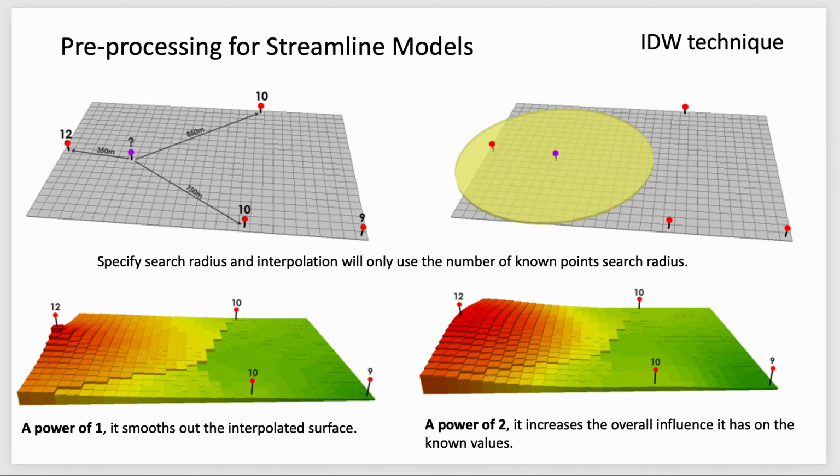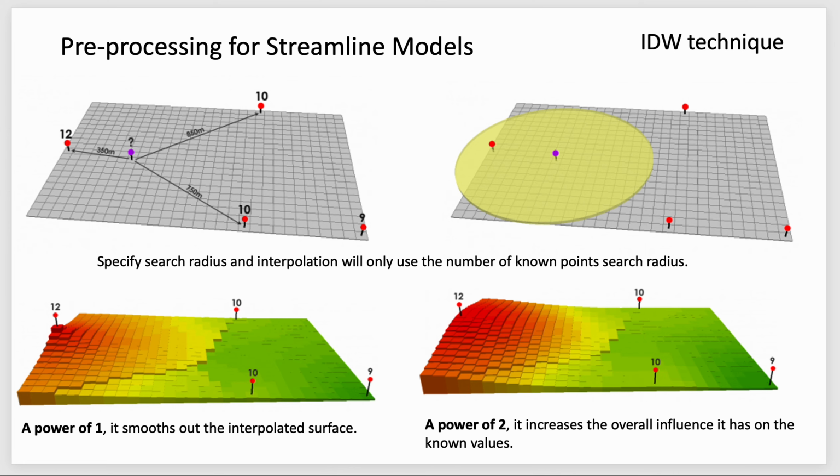For IDW technique, it will use at least 3 known points to interpolate an unknown point. As you can see in the picture, we want to know the elevation of the unknown point between 3 points that have their own elevation.